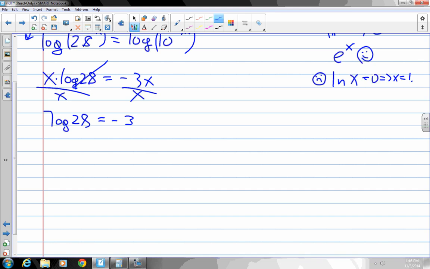That's no solutions, because log of 28 is definitely not negative 3. But look back at the original equation. If I plug 0 for x, I get 0 equals 0. So hey, that works. What you just did was divide both sides by 0, and your equation just broke down. So the message here: do not divide by things that have variables, because you're potentially dividing by 0. Are you with me on that?